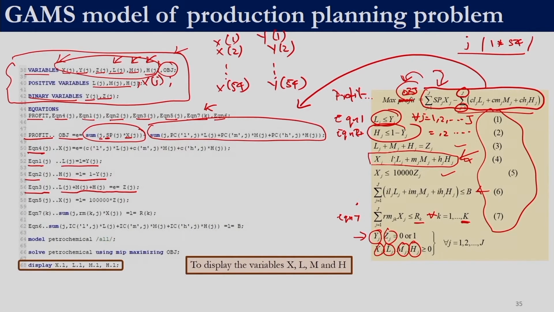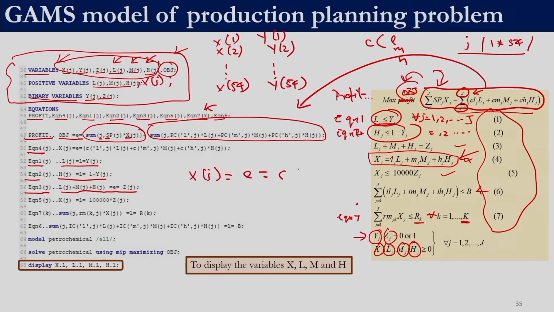Here again, similar to this PC of L comma j, we need to access the elements of the set, right. So, what we are doing is x of j =E= . If you remember, L, M and H we have saved in the table C and we have used L, M, H over here, right.